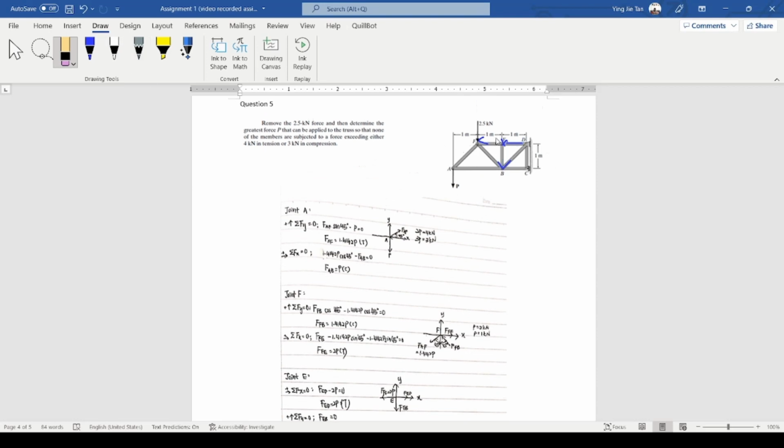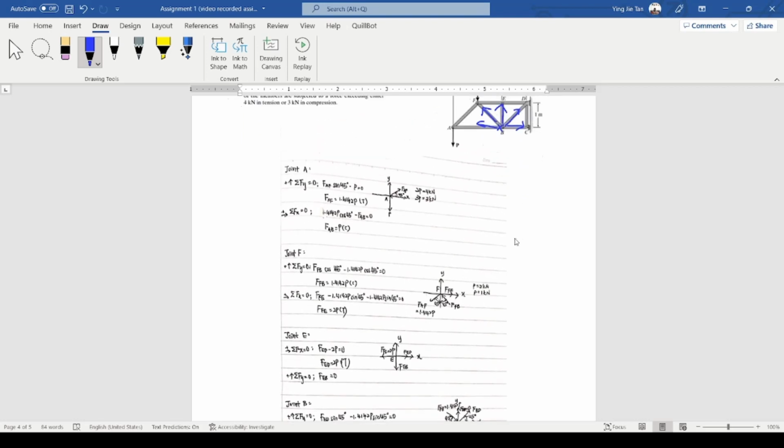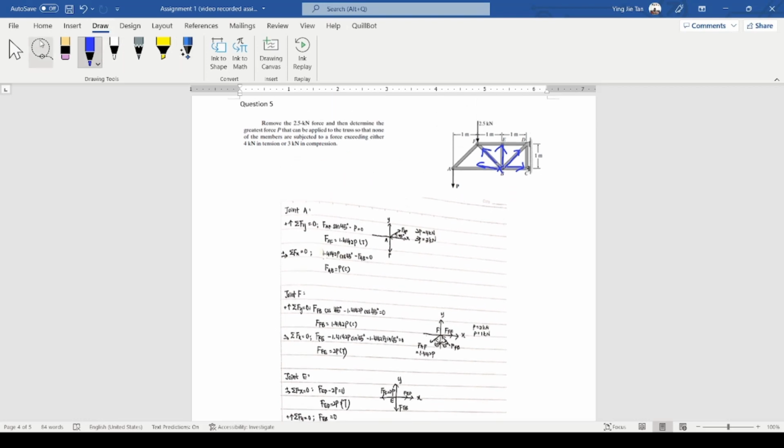Joint B, we have forces to here, to here, to here, to here, and to here. Oh, sorry, this one is this.